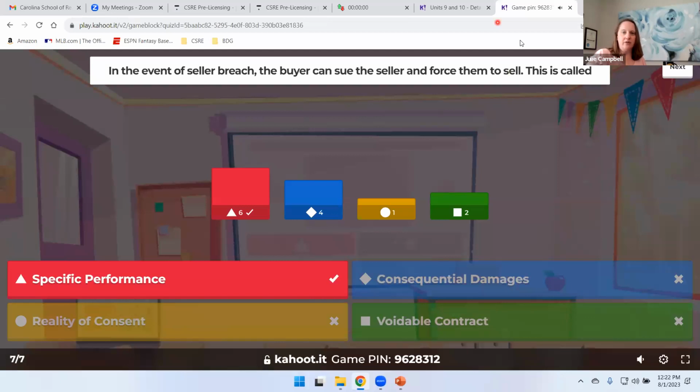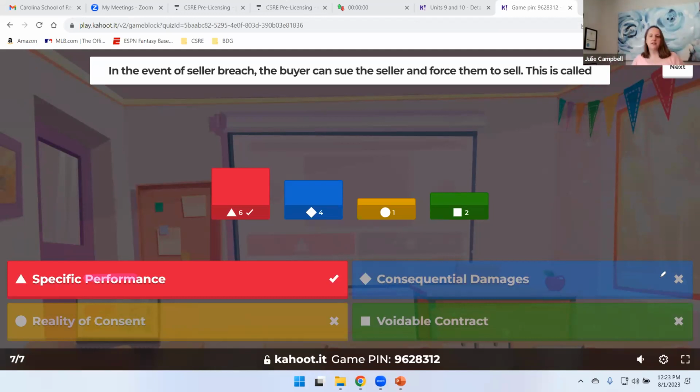When you see this, see the word perform. If you're going after somebody in court for specific performance, when you win, the judge is going to make the other party perform as promised. What's the seller's performance? To sell. So if the seller breaches, say they wake up tomorrow and say, nah, I don't want to sell my house, the buyer could go after them for specific performance. And if they win, the judge could make the seller sell.